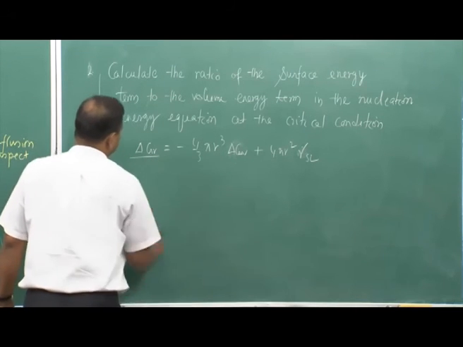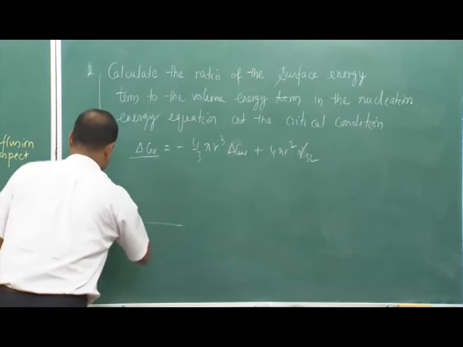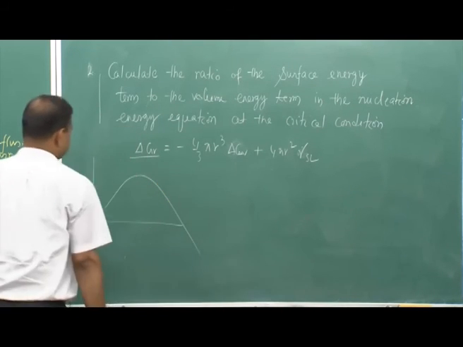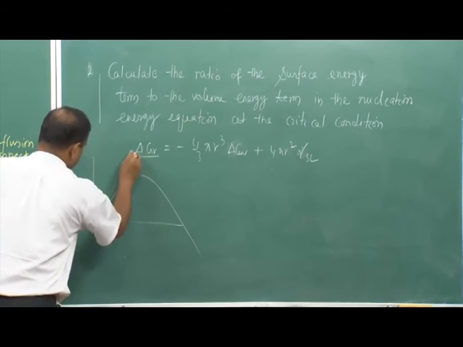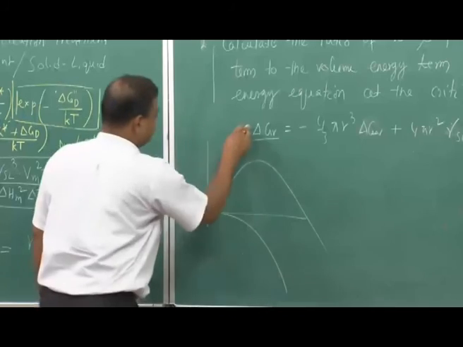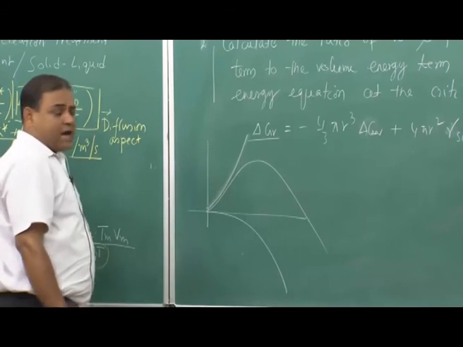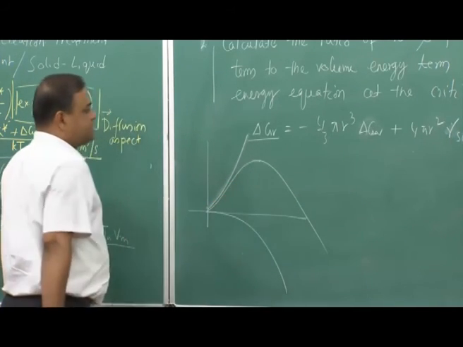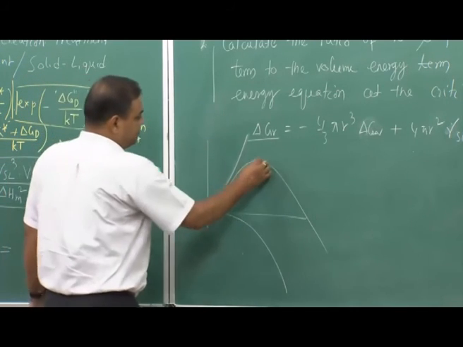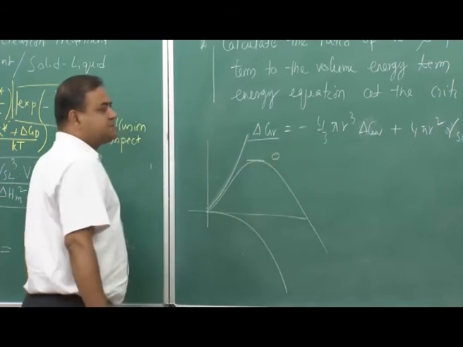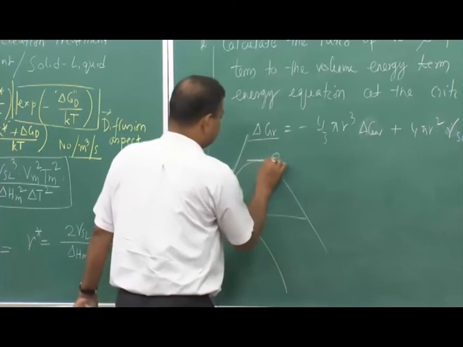We have seen the expression of the variation of delta G R, where this is the surface energy term, this is the volume energy term, and this is my delta G R. At the critical point, delta G R becomes maximum and the slope becomes 0. So, that means unstable equilibrium.